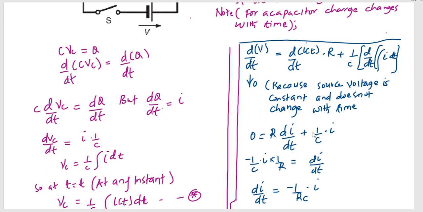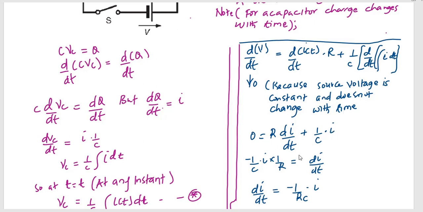It means if we differentiate this integral of I dt, we shall get back I. So this means 0 is equal to R di/dt plus 1/C times I.